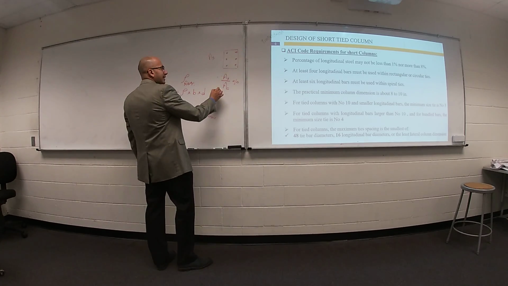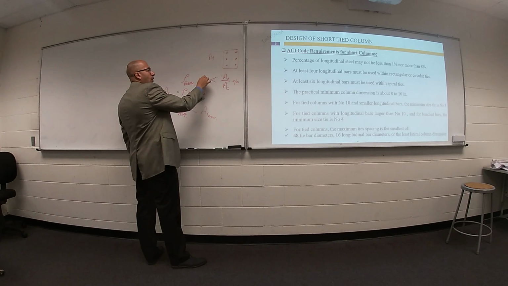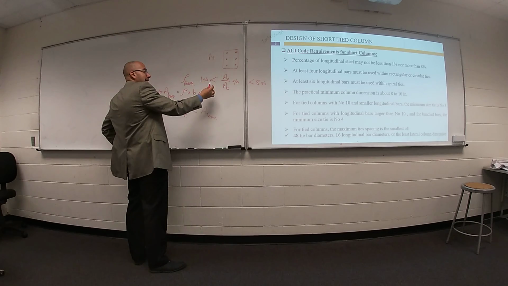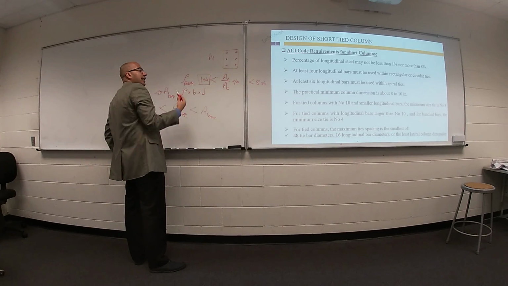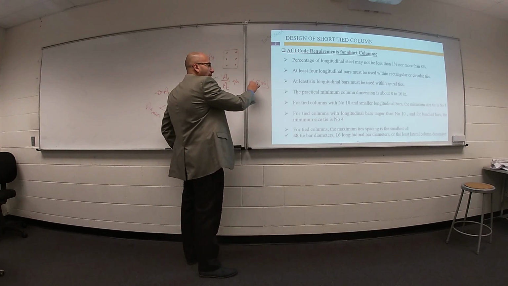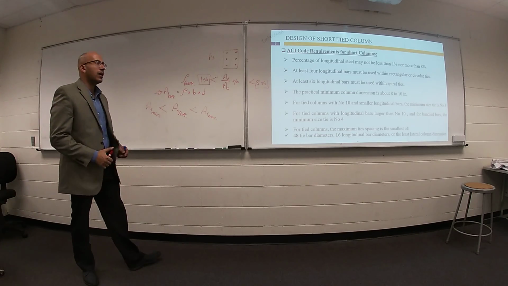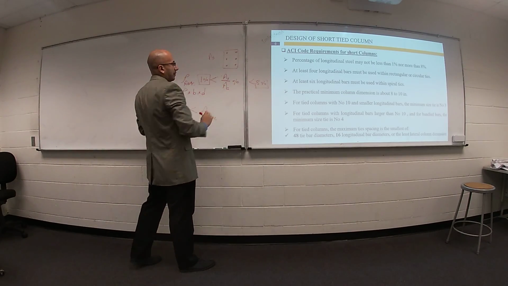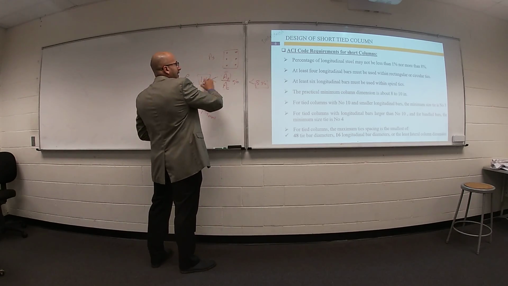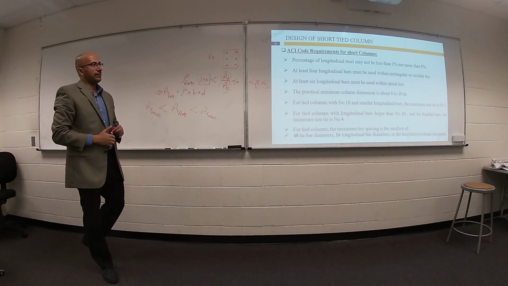So your area of steel divided by area of concrete, as a percentage, is greater than 1% and smaller than 8%. So we can say the minimum reinforcement ratio is 1%, and the maximum reinforcement ratio in your column is 8%. Your steel reinforcement in a column must be in between. Percentage, why? Because we have a calculation where the area of steel is related to the area of concrete as a percentage.